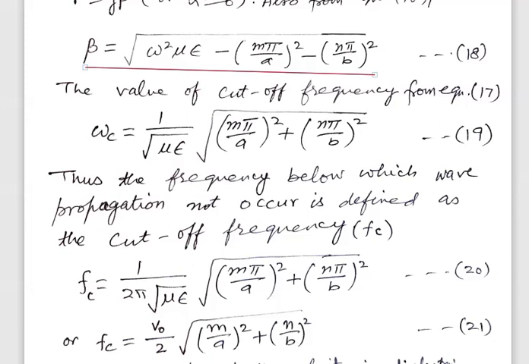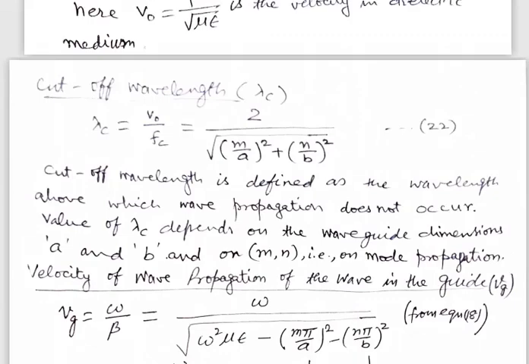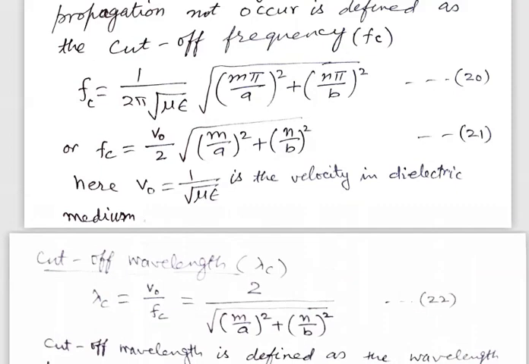So in terms of hertz unit or cycles per second, we can also express Fc as shown in equations number 20 and 21.